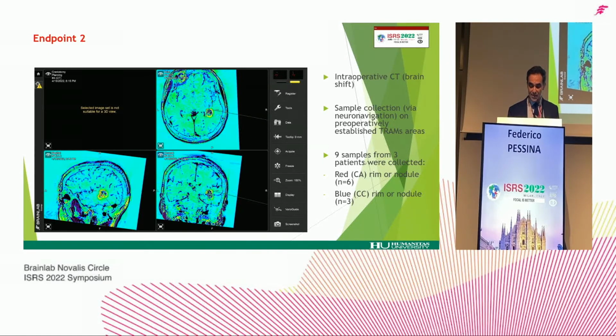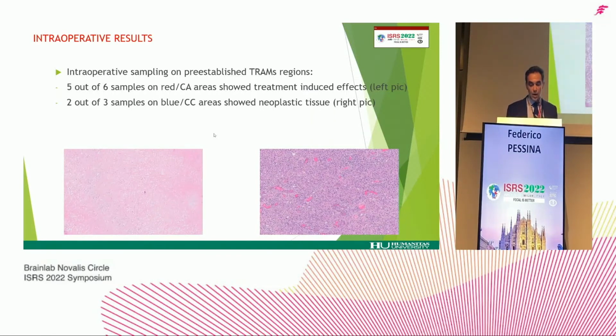In our series, 9 samples from 3 patients were collected, so 6 red rim or nodule and 3 blue rim or nodule.